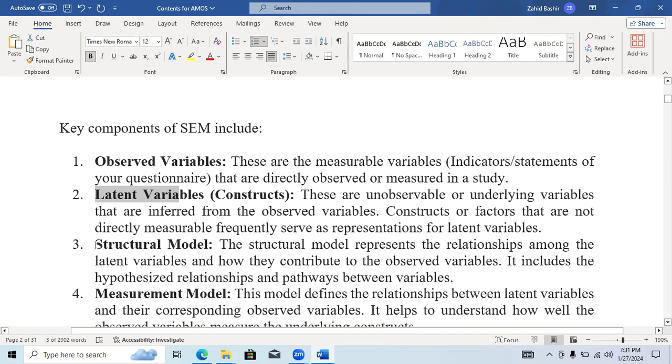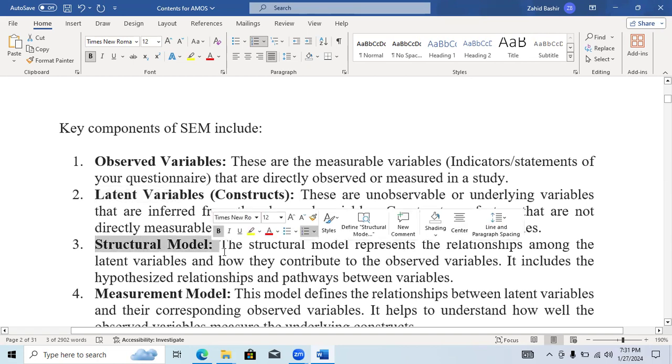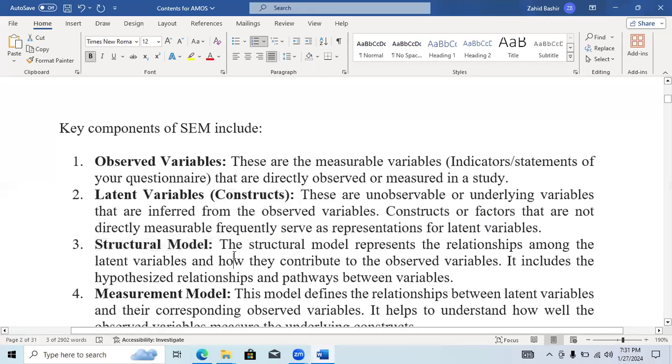Then there is the structural model, the model which is indicated through some path or some relationship between your latent variables or constructs. The structural model represents the relationship among the latent variables and how they contribute to the observed variables.